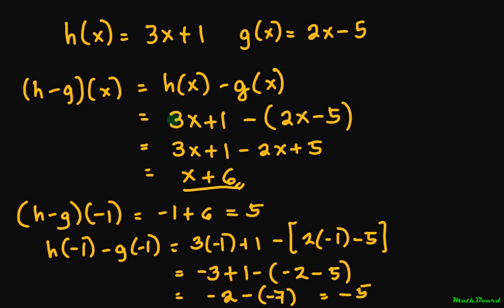Negative 7. So, therefore, we have negative 2, then negative times negative plus 7. So, negative 2 plus 7 is still 5. So, we arrive at the same answer.